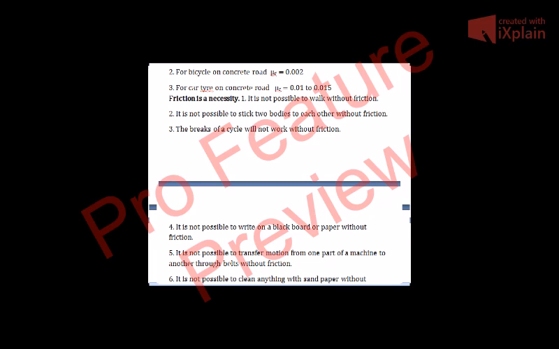If there had been no friction, the belts would have been slippery and may not have been able to transmit motion from one part to another. It is not possible to clean anything with sandpaper without friction.